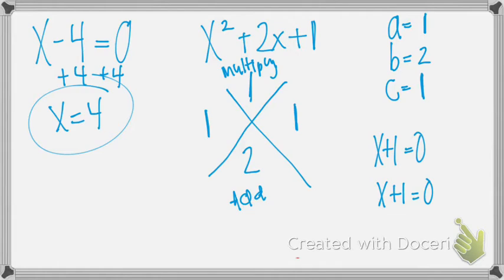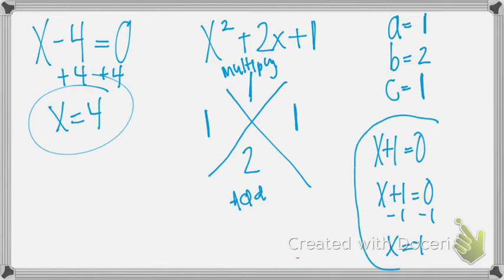How do you solve x plus 1 equals 0? You subtract 1, and you get x equals negative 1. Okay?